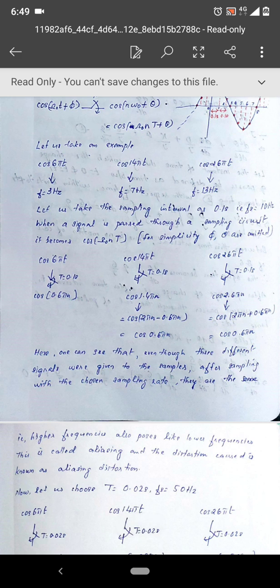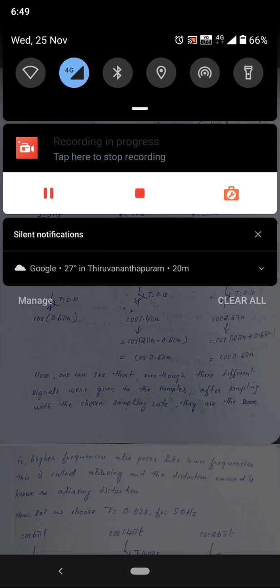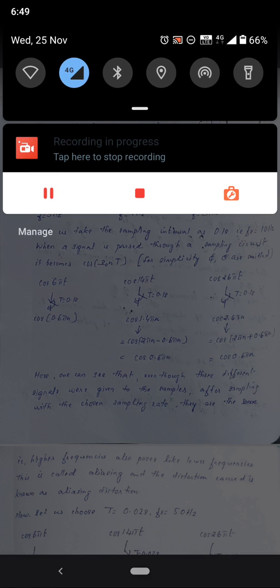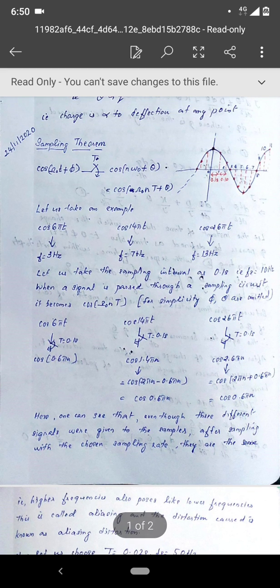That's the difference there. When an analog signal is passed through a sampler, the time scale is being chopped, so time t is equal to n into capital T. You can just see the diagram there. A cosine wave is there, and you are taking values at regular intervals.